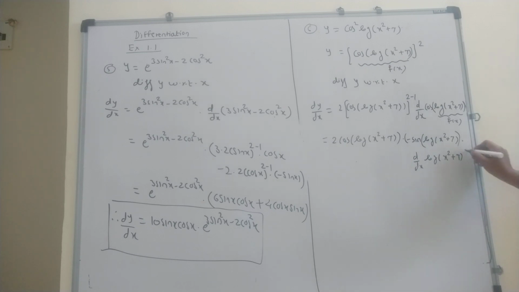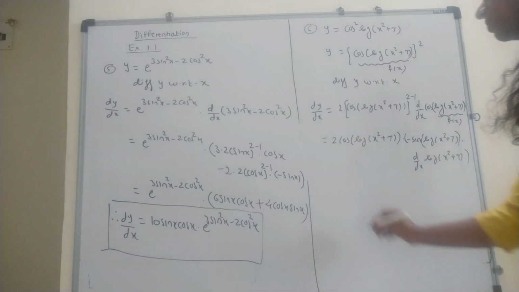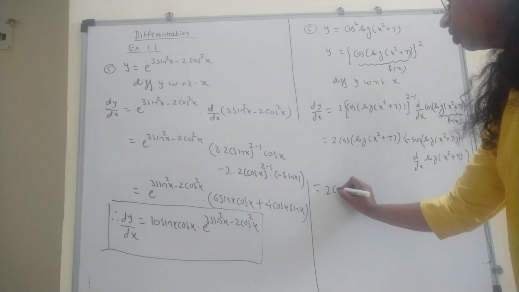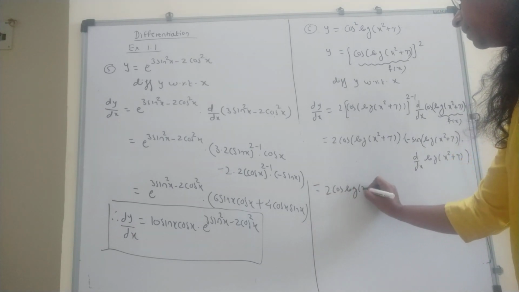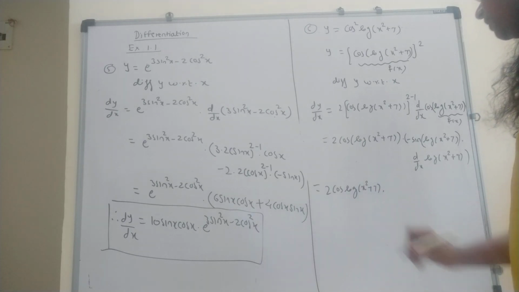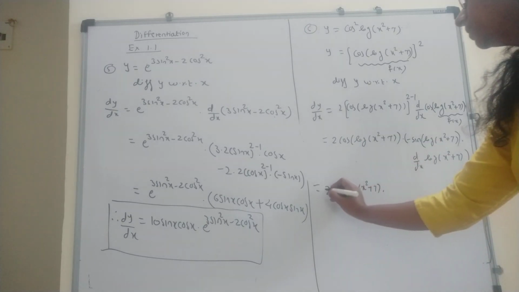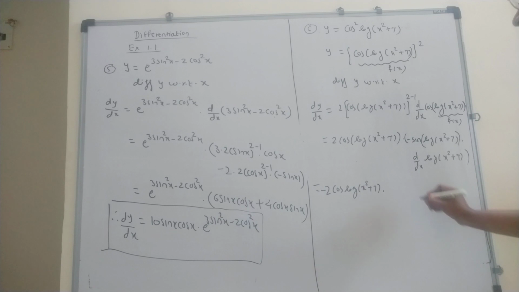The inner function in this case is log of x square plus 7. So this term is now 2 cos of log of x square plus 7 into minus sine of log of x square plus 7.